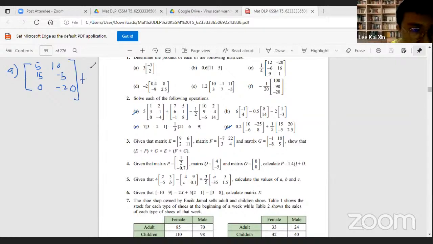Plus 7, 5, 6, 1, negative 1, 8. And then minus half times this. Half times 10, you will get 5.